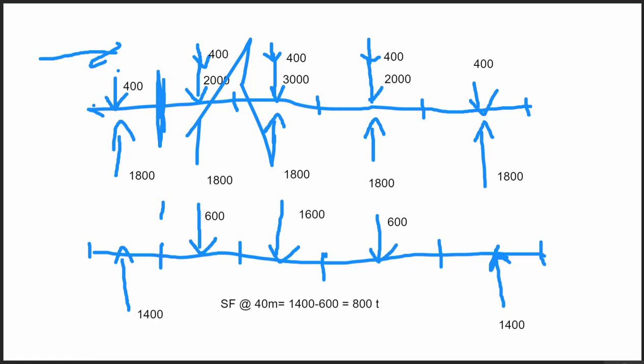How do you calculate the bending moments at that location? The bending moments at 40 meters equal what? The same forces, but multiplied by the respective arms, taking into account the sign convention. Clockwise we take as negative, so minus 1,400 multiplied by its respective arm, and that's how much meters?